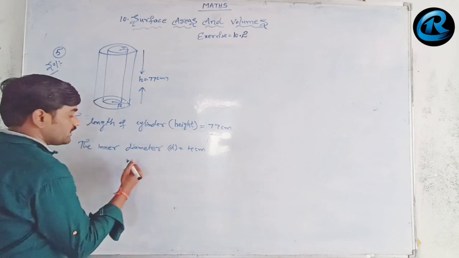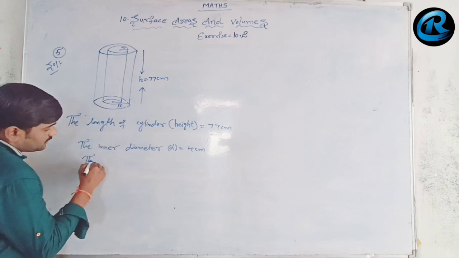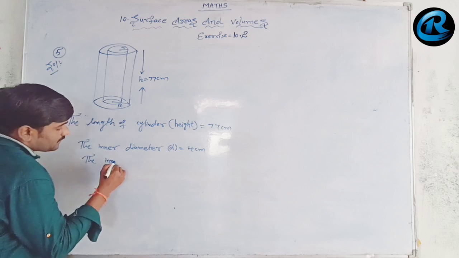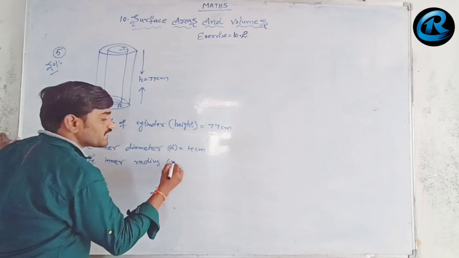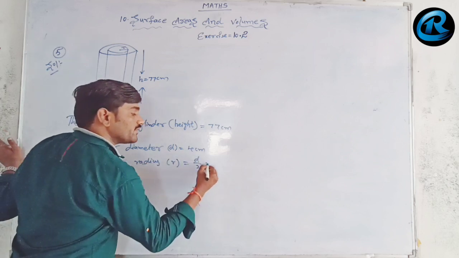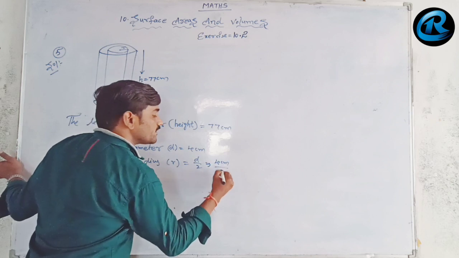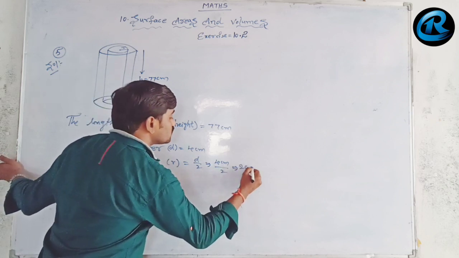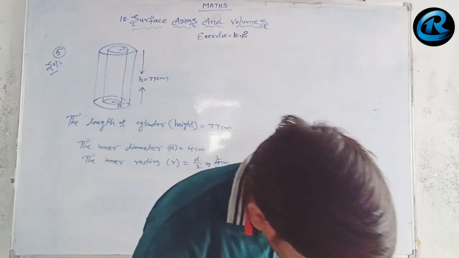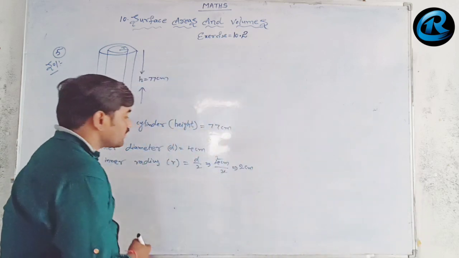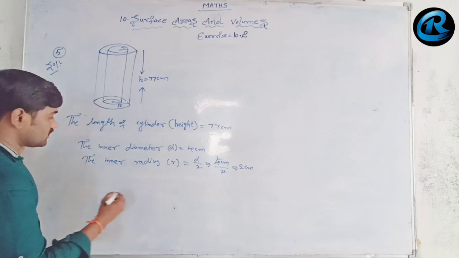Then the inner radius r equal to D by 2, that is nothing but 4 centimeters by 2, that equal to 2 centimeters. Yes. Then we need to find out the inner curved surface area.